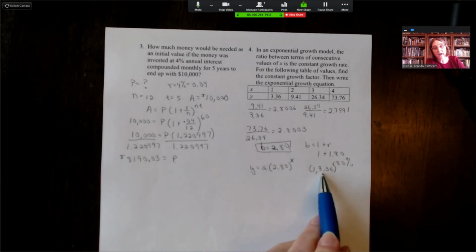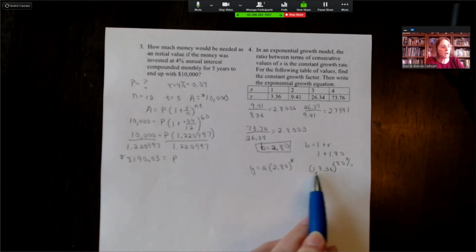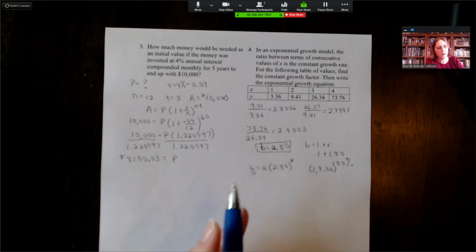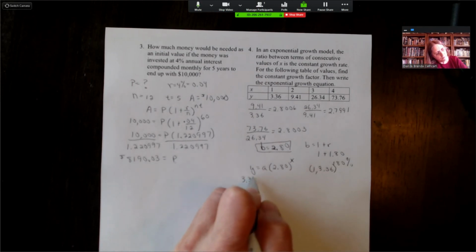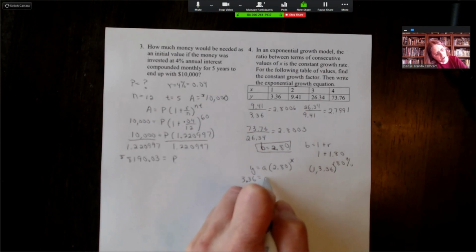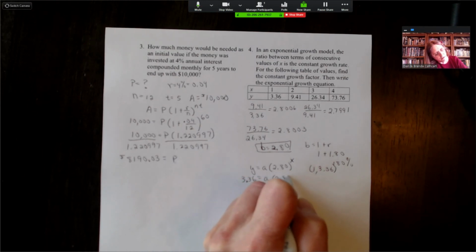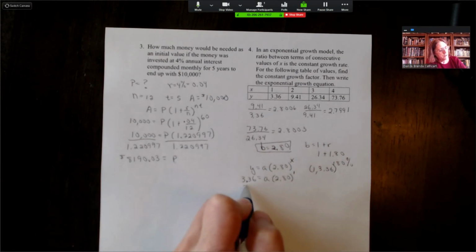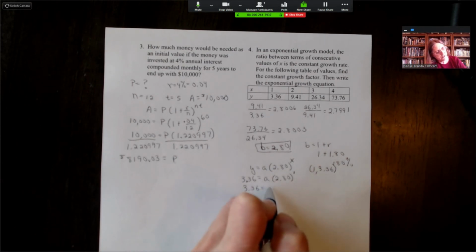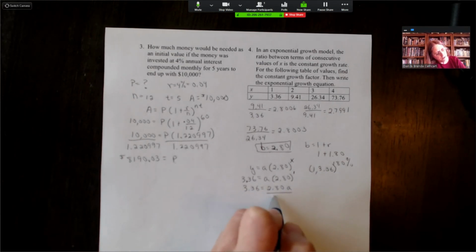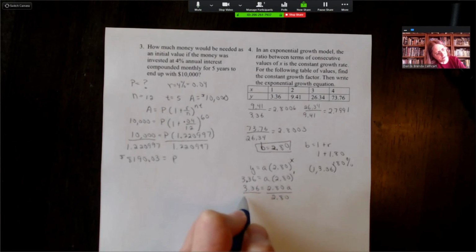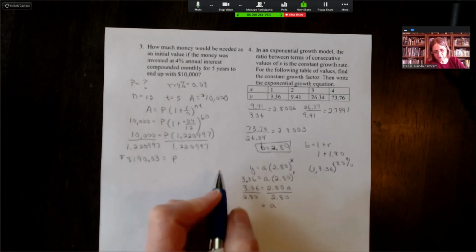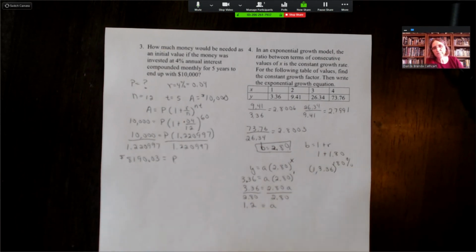Let's put 1 in for x and 3.36 in for y and solve this equation for A. So we have 3.36 equals A times 2.80 raised to the first power. Well, anything raised to the first power is itself, so this is just 2.80A. Dividing both sides by 2.80 gives us an A equal to 1.2.